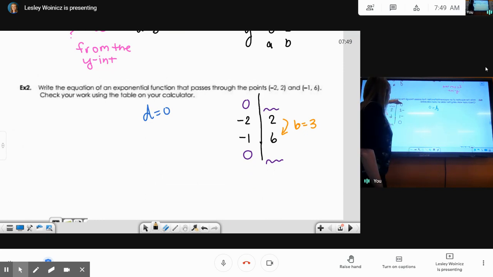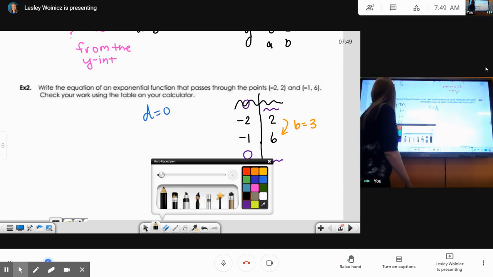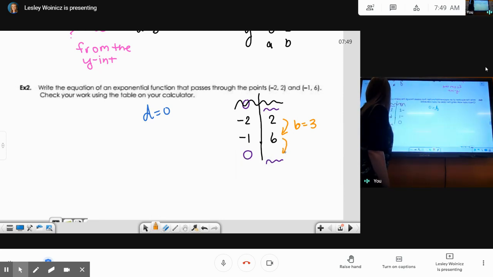Well, 0 doesn't come before -2. That doesn't make sense, so I'm not going to put it here. Okay? It goes -2, -1, 0, right? So that's where I have to put the 0. Now I can keep multiplying by 3, and 6 times 3 is 18.